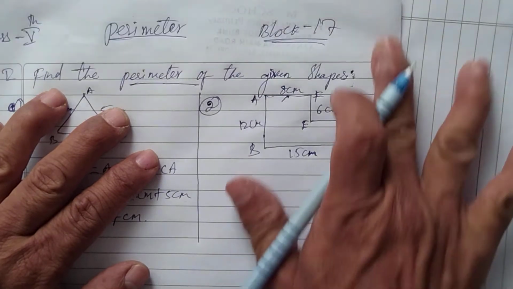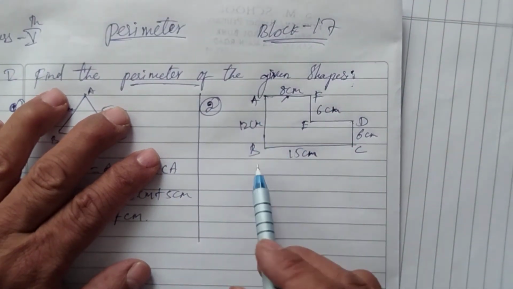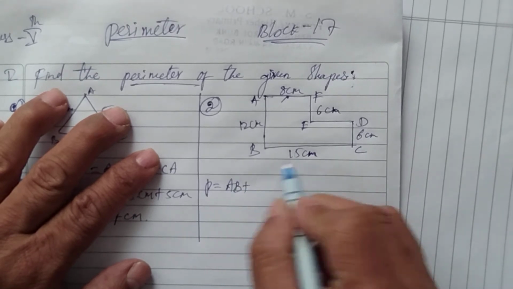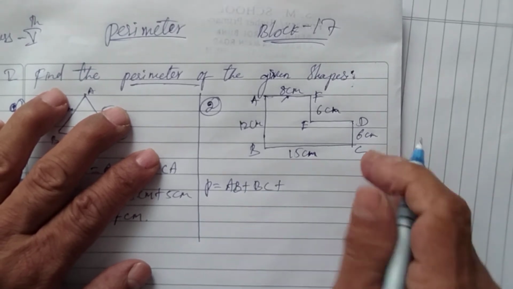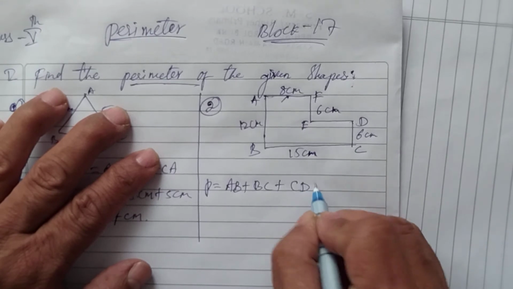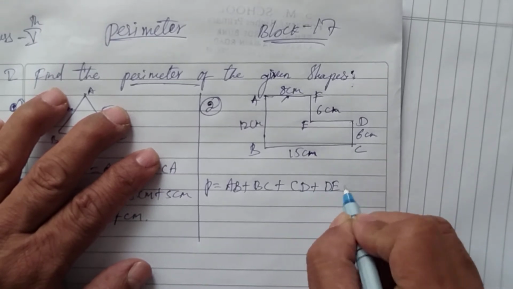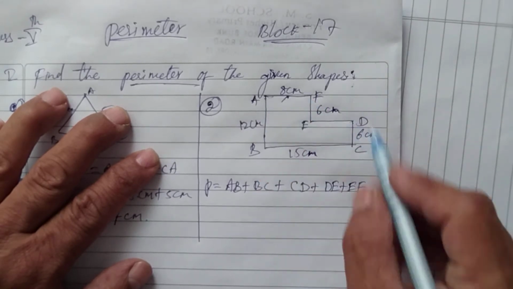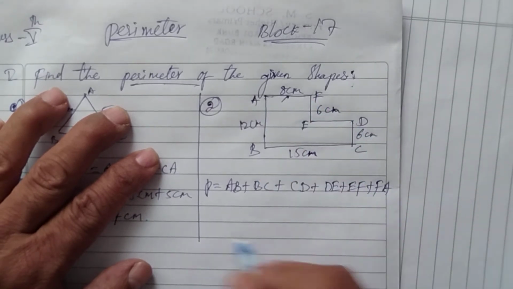Now, see here, perimeter P is equal to AB plus BC plus CD plus DE plus EF plus FA.